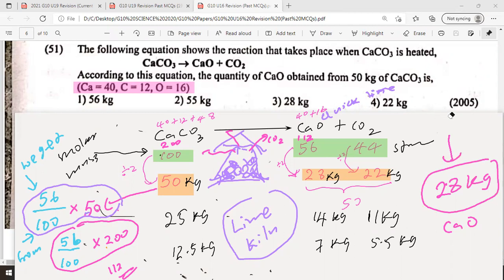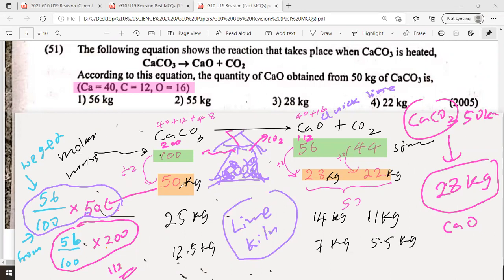Calcium carbonate, whether the amount I have is enough or not. You can put the total amount of calcium carbonate in the balance and check how many kilograms you should have to give 28. You should have 50 kilos to provide 28 kilos of lime. You need 50 kilos of limestone.